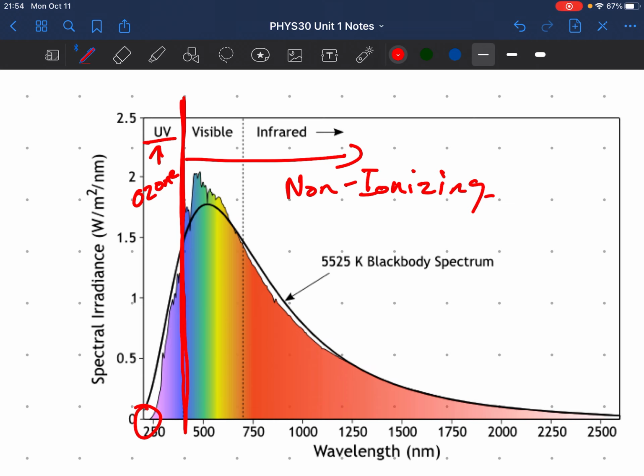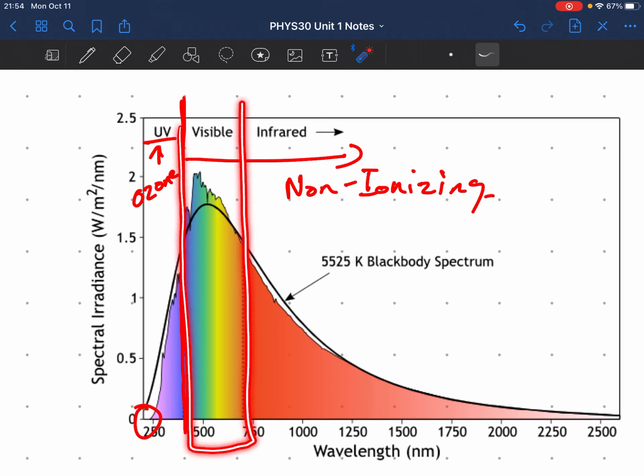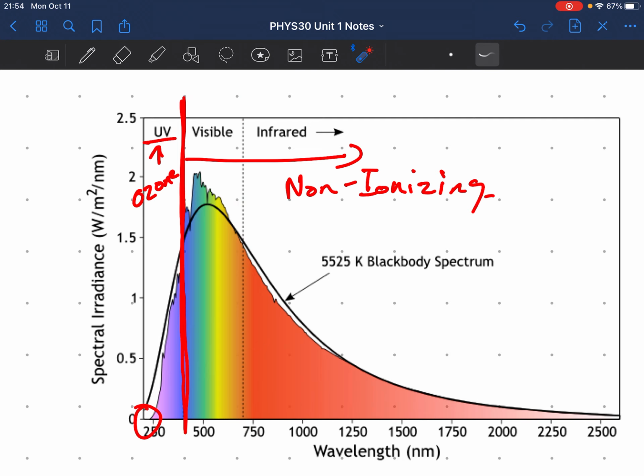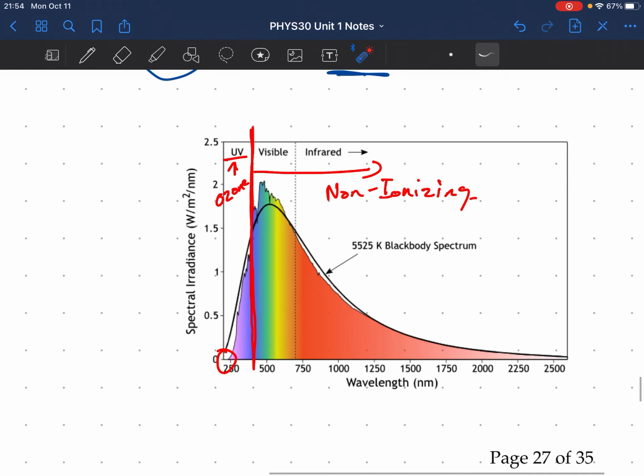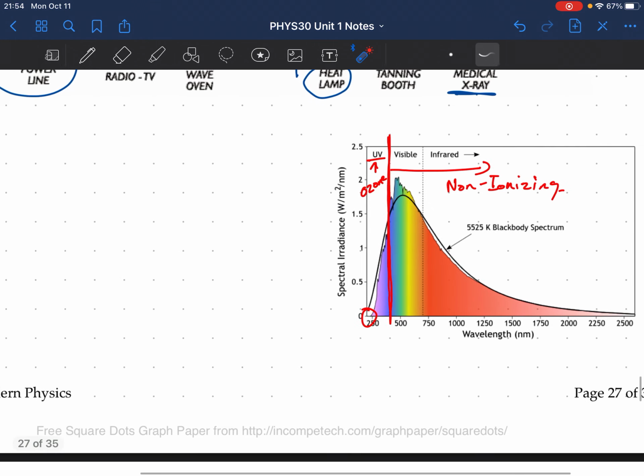Most of the radiation that we get from the sun is non-ionizing, and most of the sun's radiation is right in the sweet spot, the visible radiation. That's what the sun produces most of, a lot of visible radiation, which allows us to see very well. And it's good that it does not produce a lot of ionizing radiation.